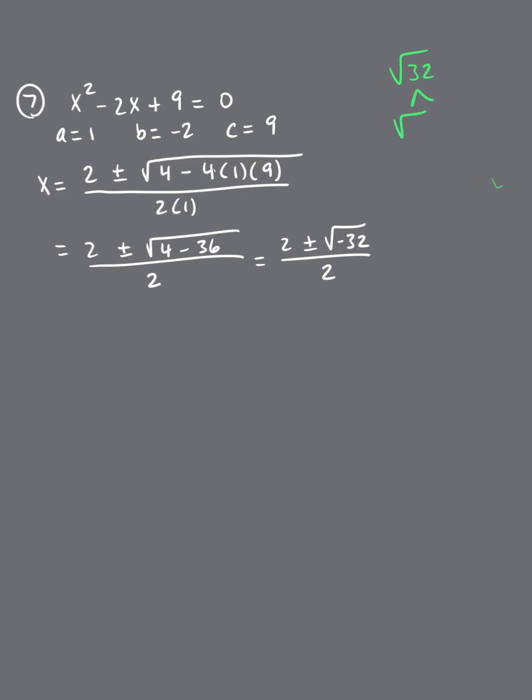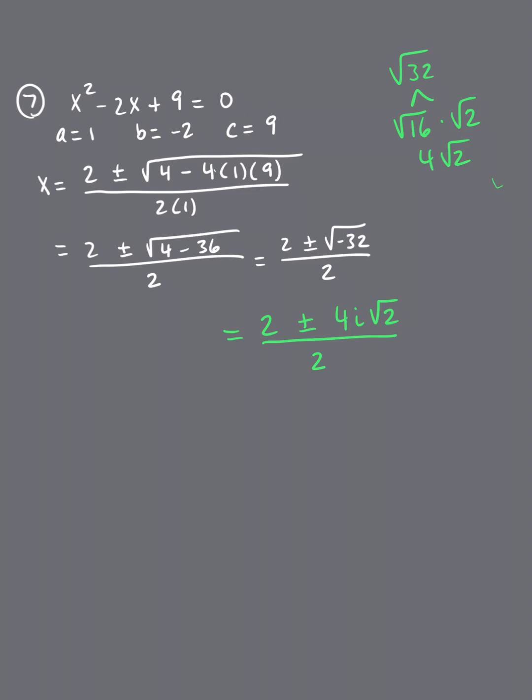So the square root of 16 times the square root of 2. Square root of 16 is 4. So I'm going to make that substitution here and make 4i square root of 2, since it's a negative 32, and then this is all over 2.